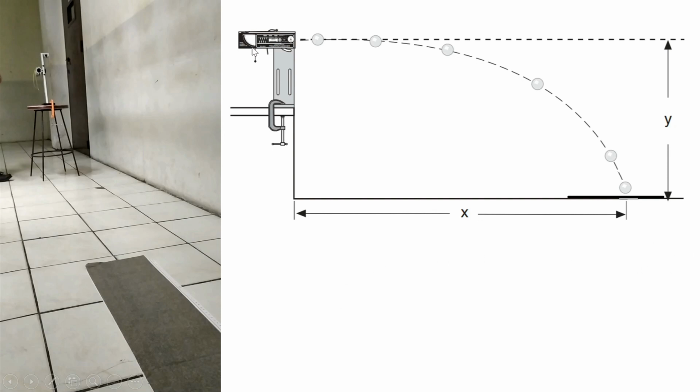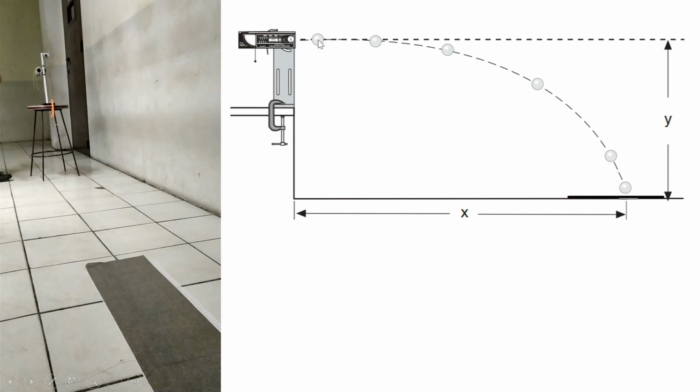Since the projectile launcher applies constant force on the ball, whatever the orientation of our projectile launcher, whether vertical, horizontal, or at an angle, the initial velocity is just the same. So we will use the idea of projectile motion to get its initial velocity.